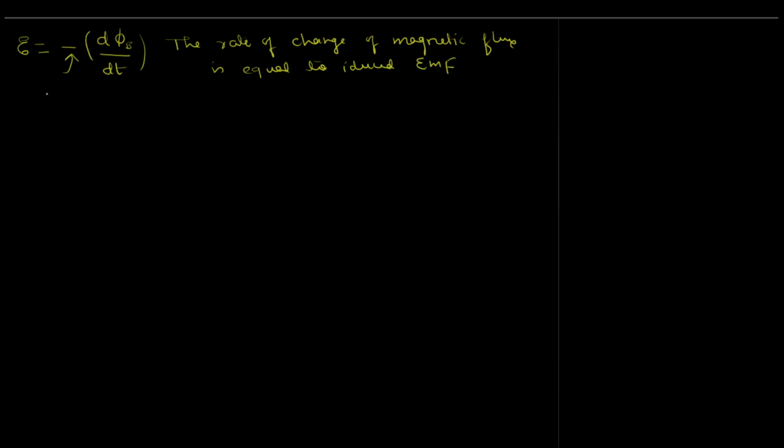And that negative sign is actually according to the Lenz's law, right? The negative sign was coined because of the Lenz law, which actually gives the direction of induced EMF, and it goes something like this. That I'll try to write it in the shortest way possible.